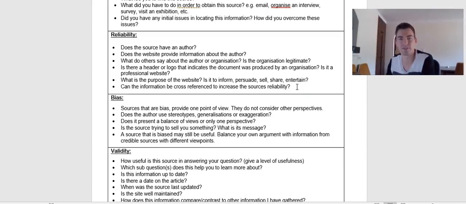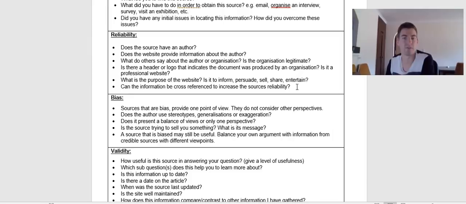We're going to see the phrase cross-reference all the time, and I'm going to be asking you to cross-reference your information all the time. Essentially, if one source says the Bulldogs won the grand final last year, and then another source says it was the Tigers who won the grand final, well, how do we know which one is true?